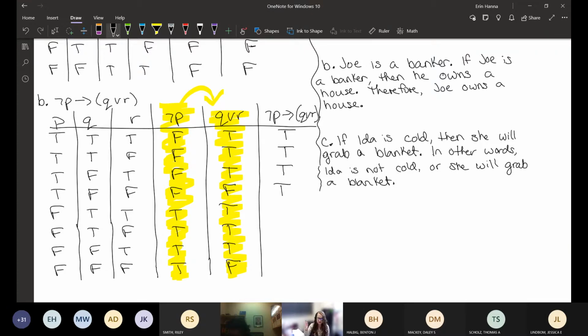So anything that's false implying something else is true. And then we got our trues, so we have three sets of true implies true. So true implies true is true. But then this last one is finally a true implies false, which gives us a false. So that was so close to being a tautology, but that last one messed it up.